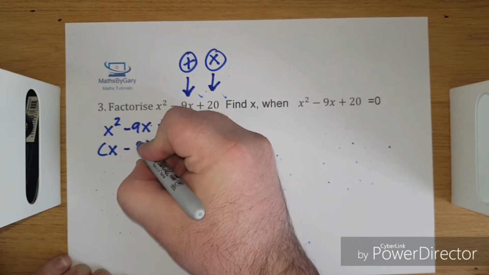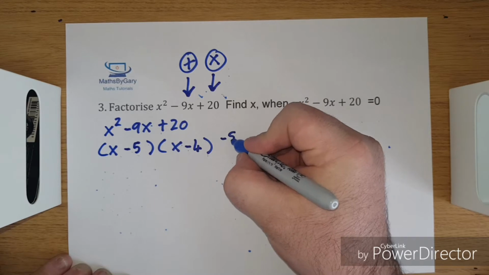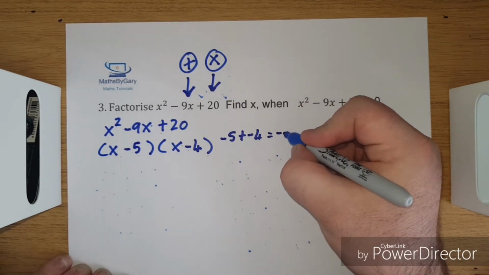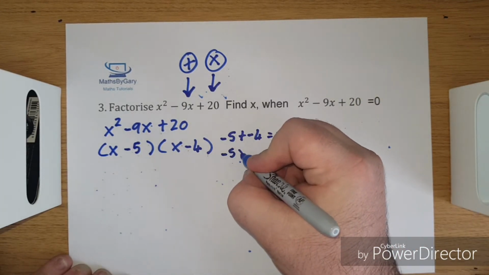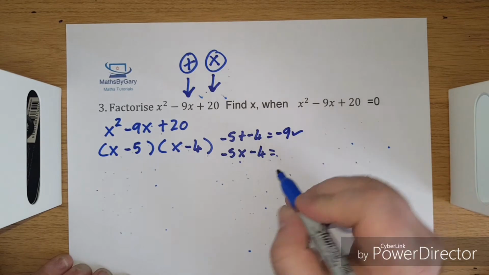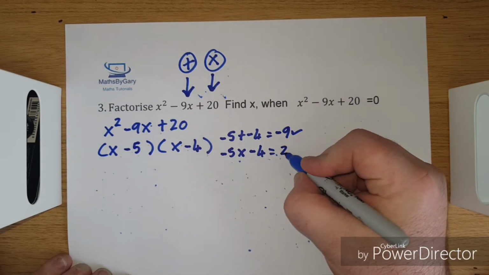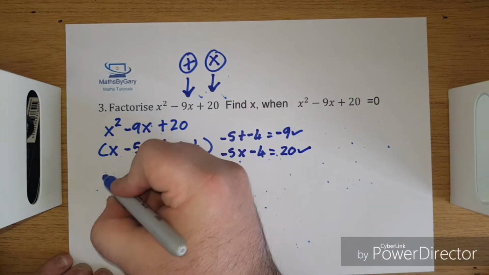We'll try minus 5 and minus 4. So minus 5 plus minus 4 gives us minus 9, which is correct, that's what we want. Minus 5 times minus 4, remember it will go to positive, minus minus becomes positive, 5 fours are 20. That's positive 20.